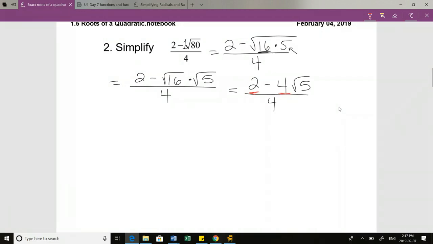And the root is underneath a root. So we need to understand if I'm common factoring from a set of 2 terms and there's a root with one of them, I don't take that number out of the root. Okay? Because that number is underneath a square root, and that's a whole other thing. So I want you to think about this as if it were 2 minus 4x. How would I common factor this?